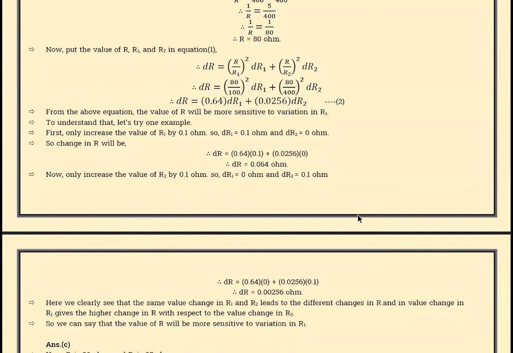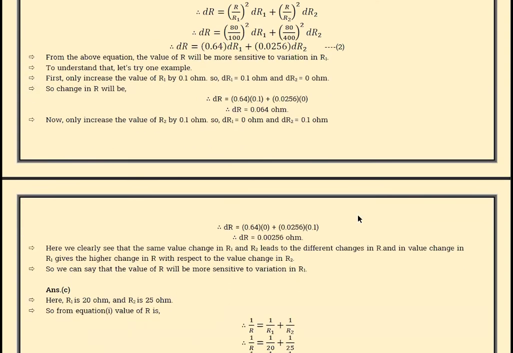Now we do the same process for R2. So dR1 is equal to 0 ohm and dR2 is equal to 0.1 ohm. So we will get the change in R equal to 0.00256 ohm. Here we clearly see that the change due to R1 is greater than the change due to R2.